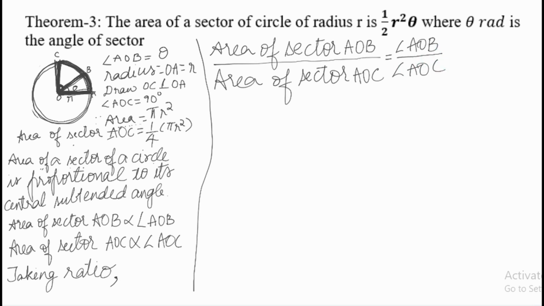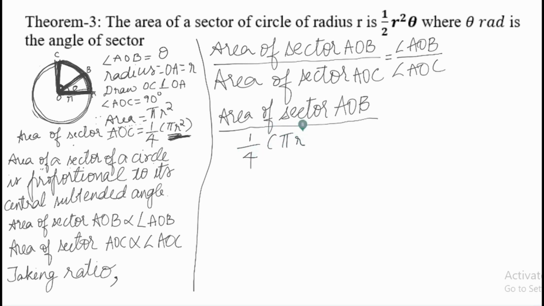So let us substitute the known values. That is area of sector AOB divided by area of the sector AOC, which is here 1/4 times pi r squared, which is equal to the angle AOB, which is theta radians.